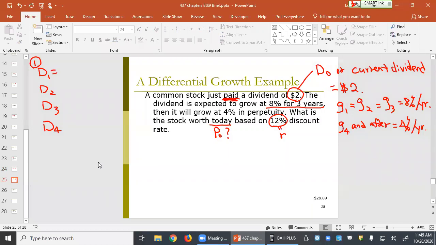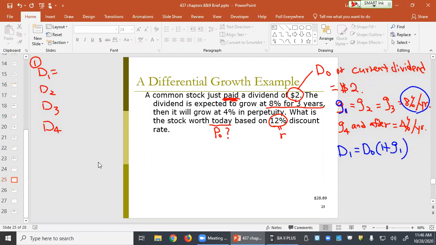So how do we find D1, for example? Based on G1, we know G1 is 8%. That tells us that the dividend in year 1 will be 8% higher than the previous dividend, which is D0. So D1 equals D0 times 1 plus G1.